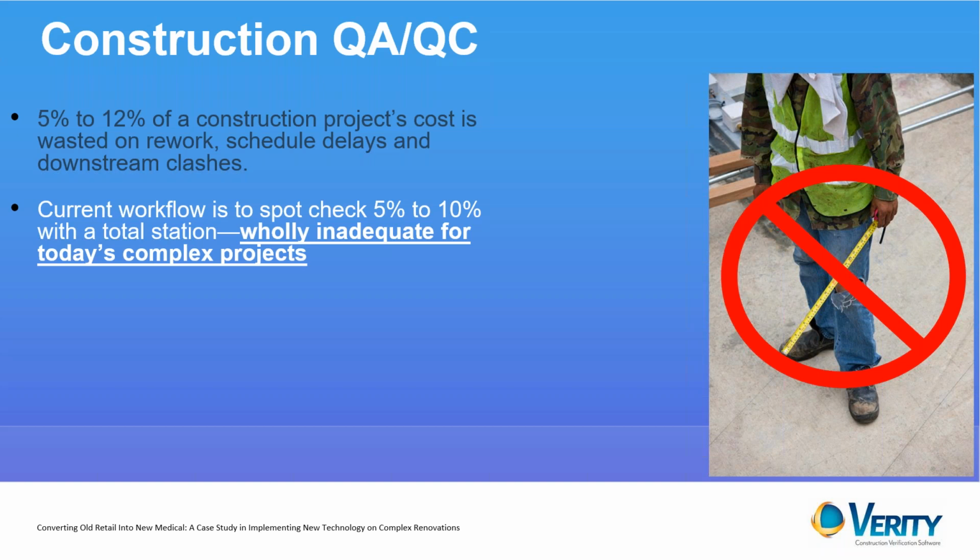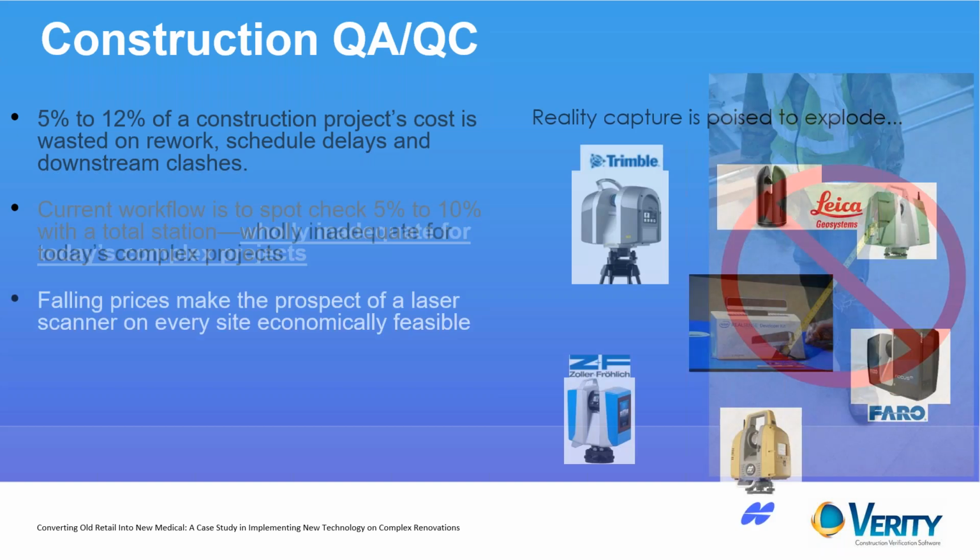Spot check is not actually what we do, because anybody who's been on a job site knows that what you check is the thing the superintendent is scared about. You're not doing a random sample. You're not going out there and spot checking a true 5 to 10% subset of the work. If the superintendent is scared about the perimeter steel because they've got unitized glazing, that's what gets checked. You never check the interior steel because you just don't have time for it.